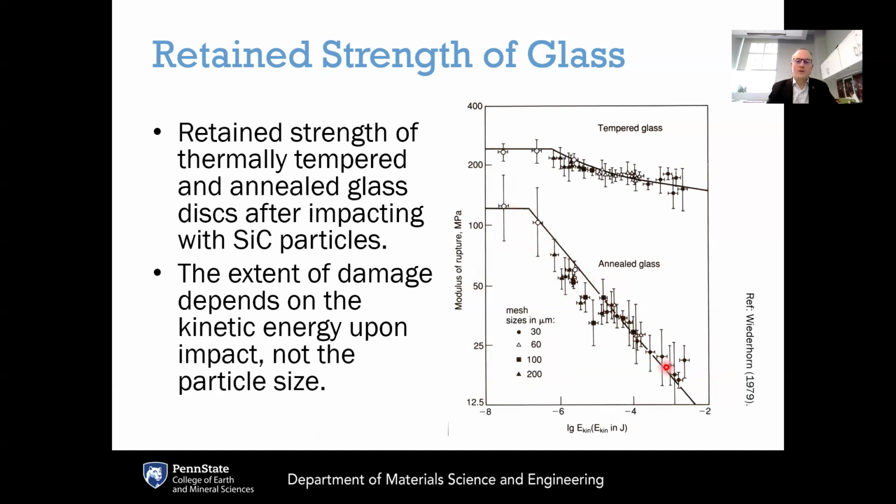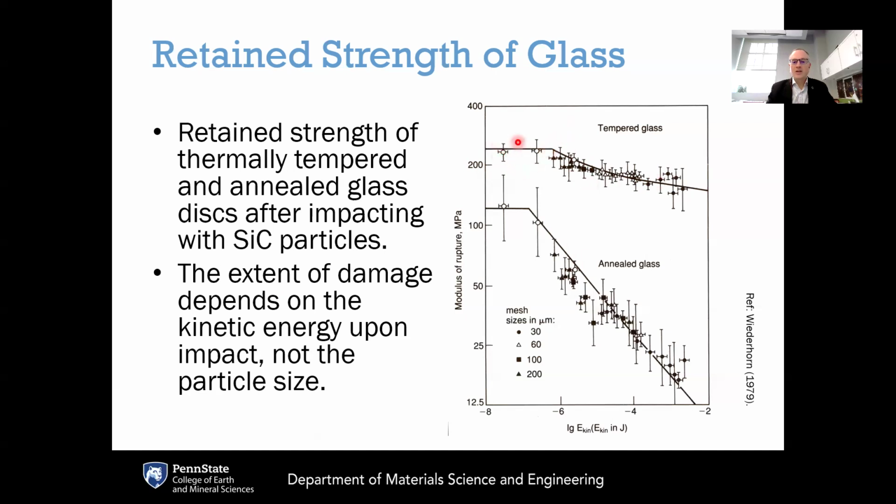damage. Now, if you do the same experiment, but instead of an annealed glass, there's a thermally tempered glass that has a compressive stress layer, you'll note that all of the strengths are shifted up because of that compressive stress layer. And also, it is able to withstand a greater amount of damage after being impacted by those silicon carbide particles.